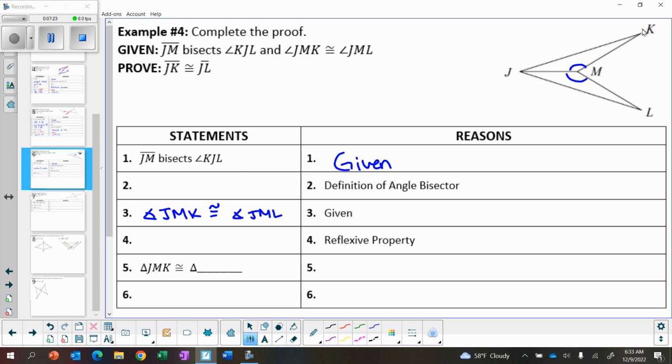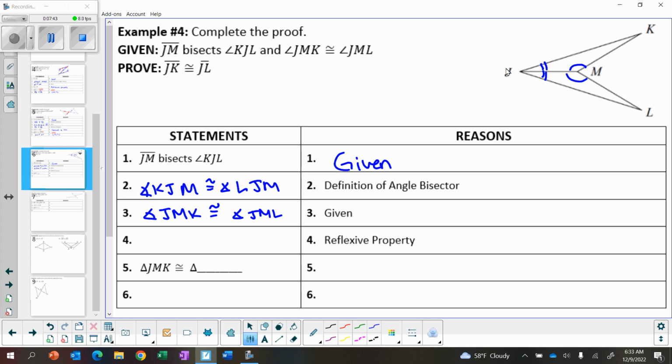JM bisects angle KJL. So we're bisecting the angle at J, which means the two pieces of the angle would be congruent. So that's angle KJM is congruent to angle LJM.